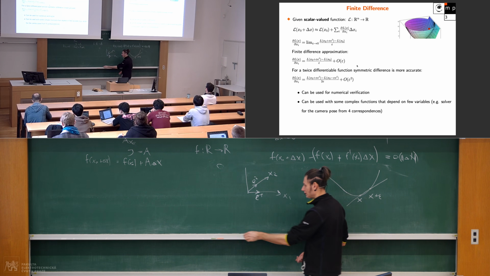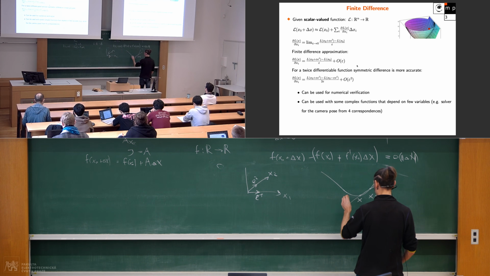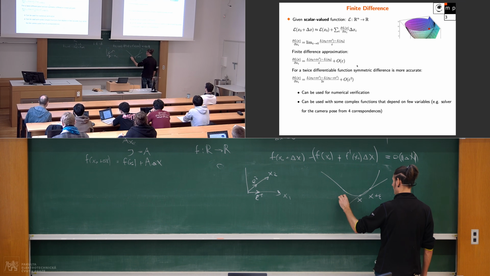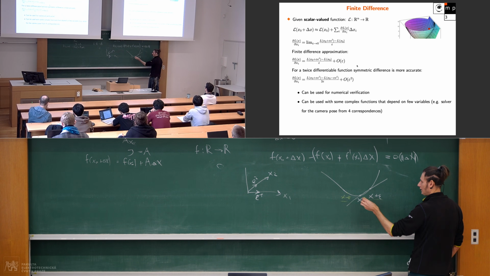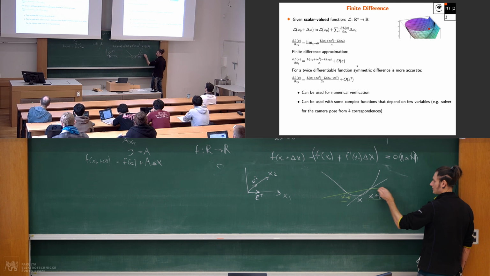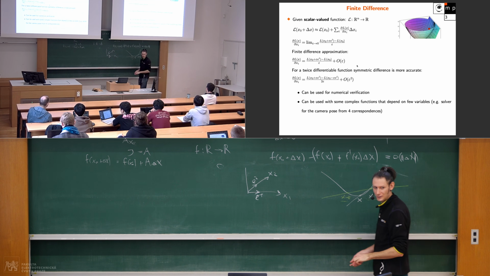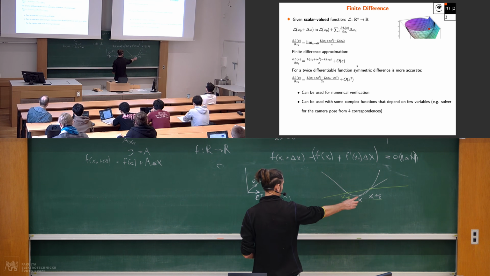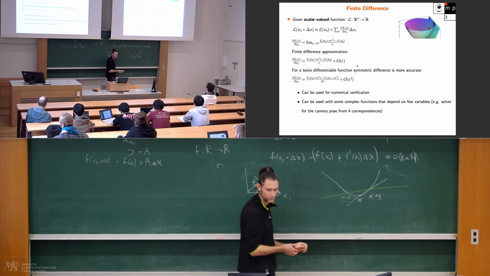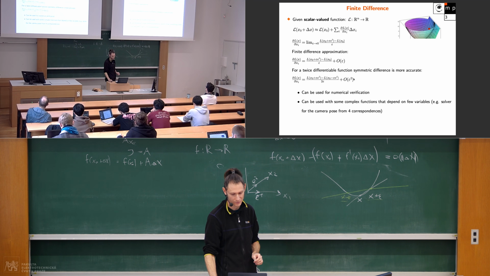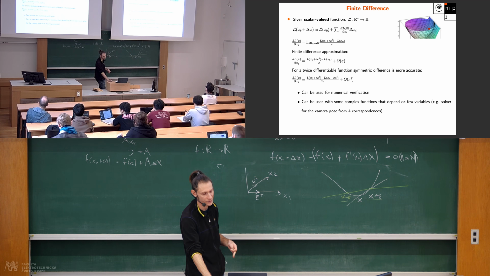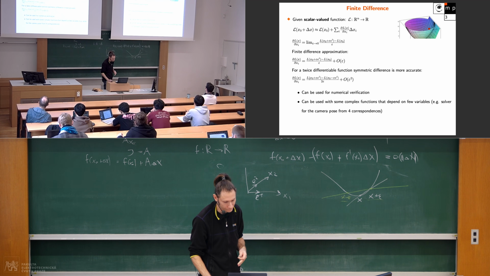Well, it turns out that if you instead consider the point x minus epsilon and the point x plus epsilon, and put the line through these 2 points, this is going to be more accurate numerically. So with the same size of epsilon, you are getting one order better accuracy from this numerical approximation.